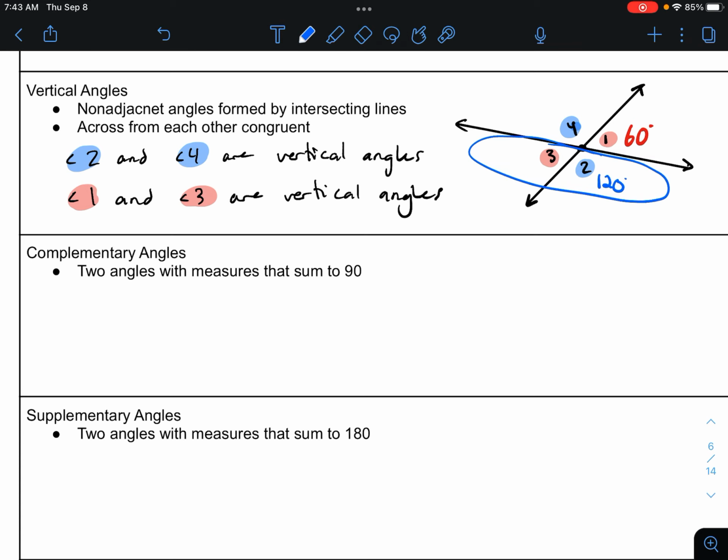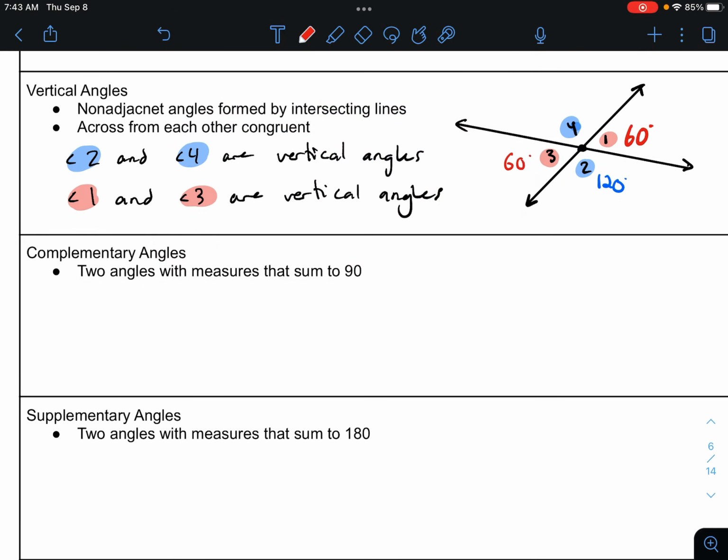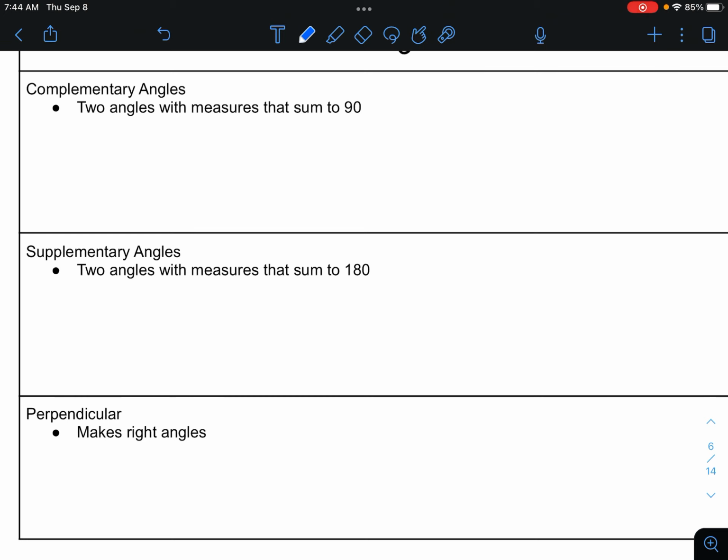And then if I look over here, I know that these two angles also have to add up to 180 because we have a straight line. So that means that this is going to have to be 60, and then you can go back around here and angle 4 is going to have to be 120. So you're always going to see this relationship. Once you figure out one of the angles, you're always going to be able to figure out all 4 of the angles.